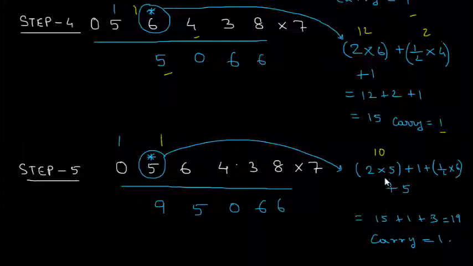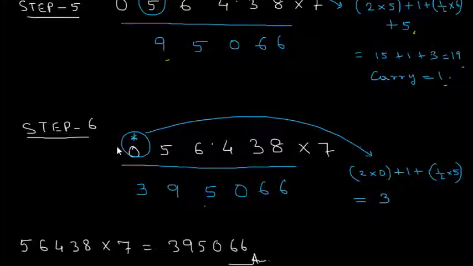Half of 6 is 3, and since 5 is an odd number, we'll add 5. So if we add all these things, we get 10 plus 1 plus 3 plus 5. The total is 19. We'll put 1 as a carry, and 9 is here.